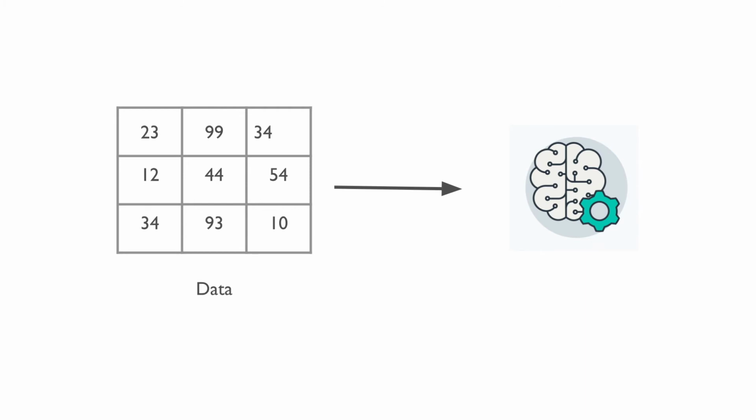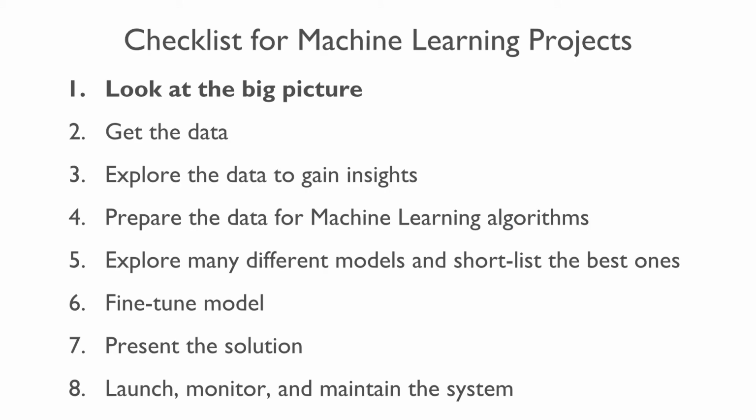This is all for this chapter. Keep this checklist handy as it can guide you through your machine learning projects. Let's quickly revisit the checklist. Let's look at all the steps that we have followed. First, we look at the bigger picture, which involves framing the problem and selecting the performance measure.